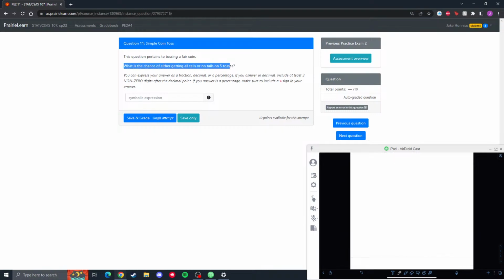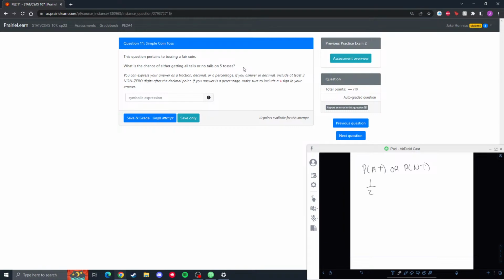So what is the chance of getting either all tails or no tails on 5 tosses? So we're looking for the probability of all tails, or the probability of no tails. And since it's a coin, it's a 50-50 chance either way. These are going to be the same 2 probabilities. So we just have to do the probability of all tails.